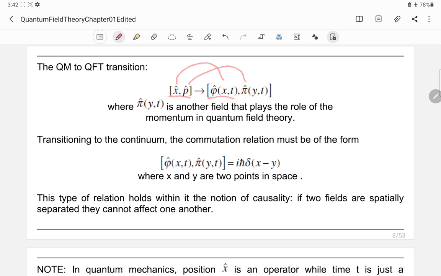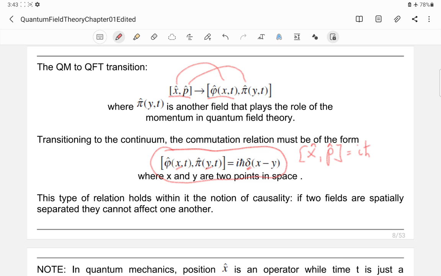And the commutation relation, as you can remember, x p is just equal to i h bar, and here you have i h bar times a Dirac delta, where the arguments x and y here should fall on the same point to get i h bar.